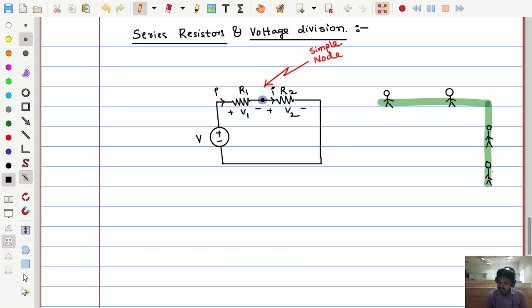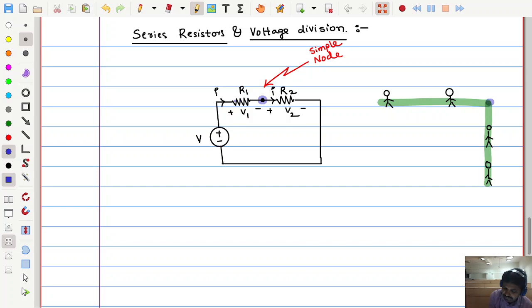Here this series represents that only one road exists. There will not be any junctions which make us wonder whether to go straight or right. This kind of junction does not exist, so you will not have any confusion about where to travel. If you get two roads, then you have confusion whether to go straight or take the right side. So as long as you get only one path for your journey, all those elements can simply be said to be in series.